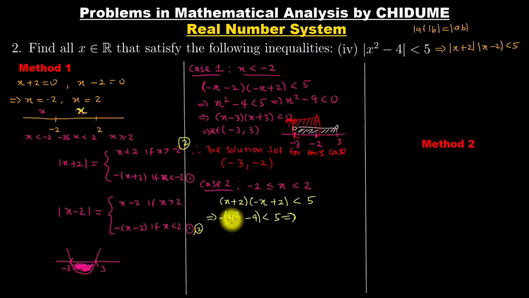If I divide both sides by negative, I'm going to have x squared minus 4 to be greater than minus 5. So if we try to solve this quadratic inequality, we have x squared plus 1 to be strictly greater than 0.